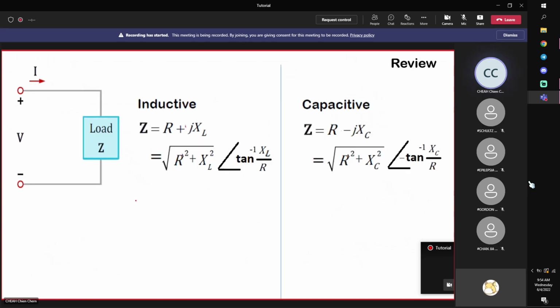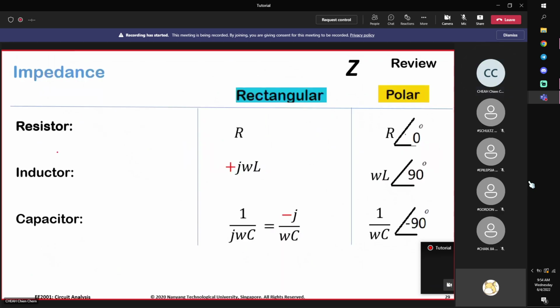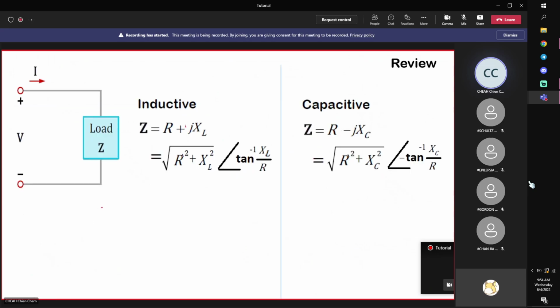But for most loads, it would not be just a pure resistor, pure capacitor, or pure inductor. In fact, you have combinations of loads. However, after you simplify them, they can be reduced to an equivalent impedance Z, which consists of a real part and an imaginary part.